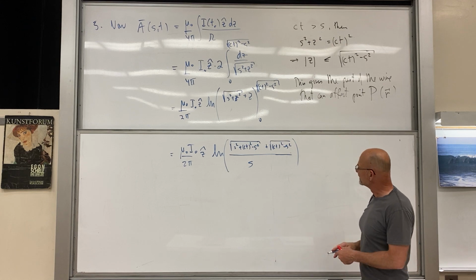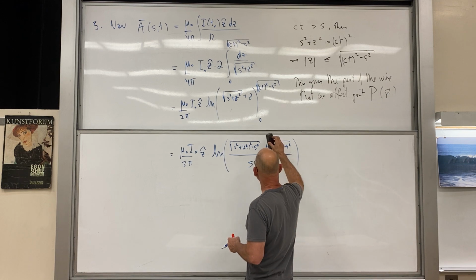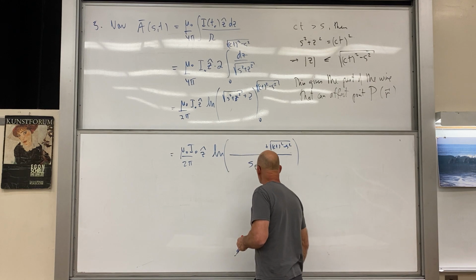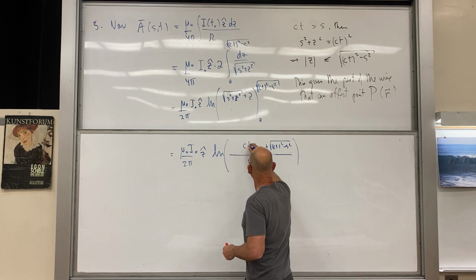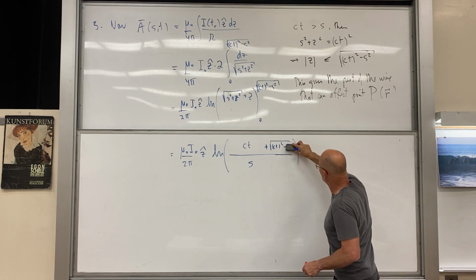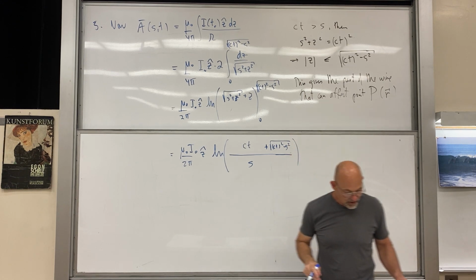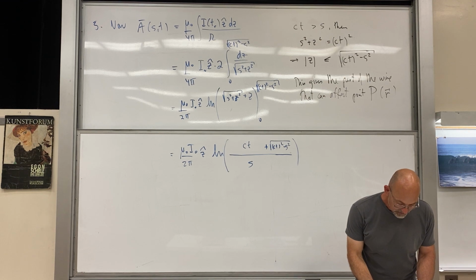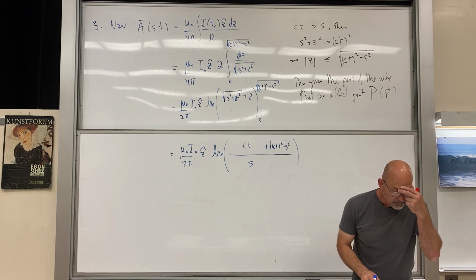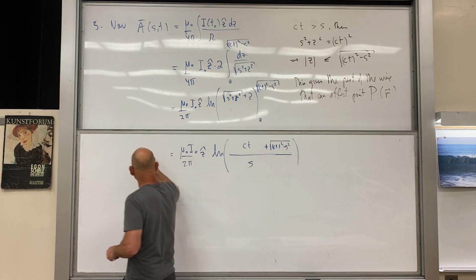I could have simplified that right there. Let's just go ahead and write c times t. And there we go. That's our answer. Make sure we're good there. 2 pi. Yeah, that's good. So this is A of s and t.